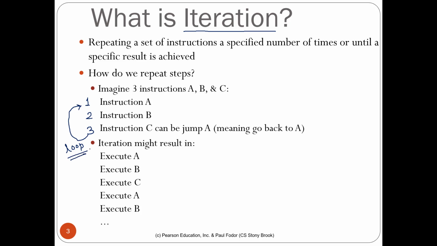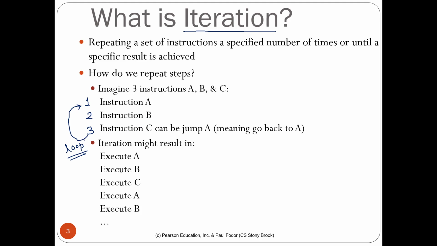Whenever you form a loop, and in that loop you are running the same set of statements multiple times, that constitutes an iteration. That forms an iterative construct. Here in this iteration there are only three statements, or you may call them instructions: instruction A, instruction B, instruction C. After doing instruction C, you check some condition.